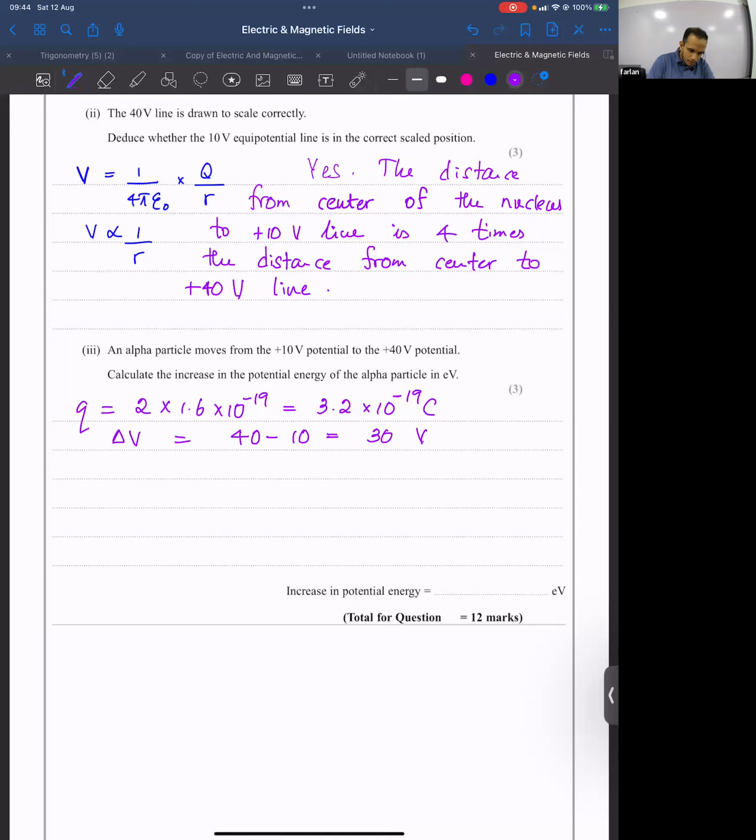This is similar to the first question that we did today, going from one potential to another potential. So the gain in electric potential energy will be that potential difference, which is 30, multiplied by the charge, which is 3.2 into 10 to the minus 19. How much is that? 9.6 into 10 to the minus 18 joules. Is that okay?